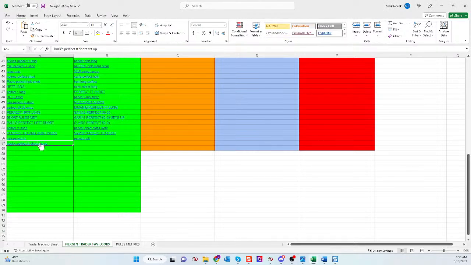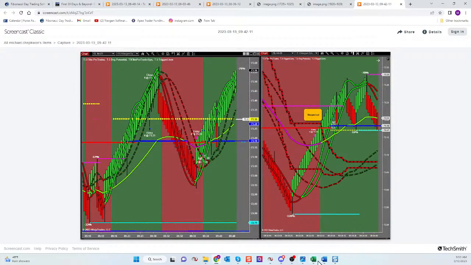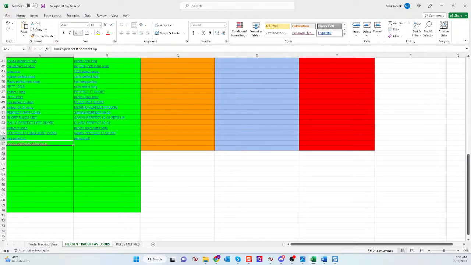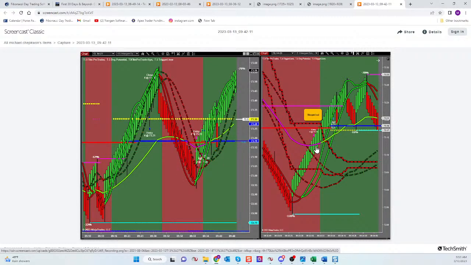But does everybody see if I click on this link? It's processing the data. But if I click on that link from Buck's picture, straight from my spreadsheet, straight from my best of the best looks, guys, every rule has been met, hasn't it? Every advantage is there. It's just one that didn't work, and that's okay. And it looks like it might have given you a little apology trade right after.